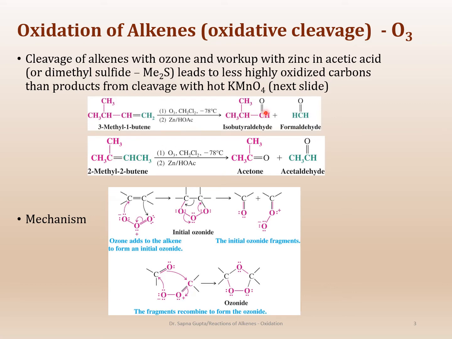So you can get aldehydes and ketones, and also ketones. Depending on what kind of an alkene you have, not substituted, partly substituted to completely substituted, you can get different kinds of aldehydes and ketones. So make a note of that.